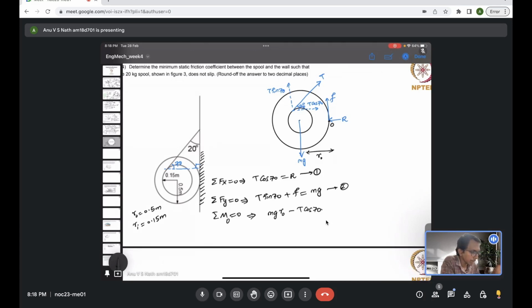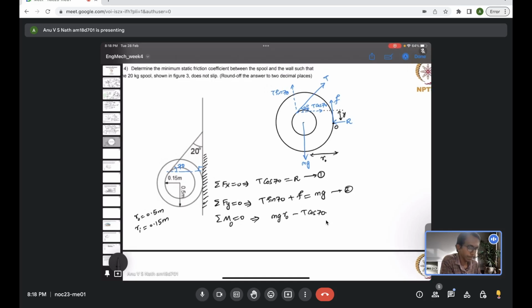Now the moment arm for this T cos 70: the line of action of T cos 70 is this, so let's say this distance, let us call it distance y. That y distance is unknown. We have to evaluate the y value. For the moment, we'll just write y.